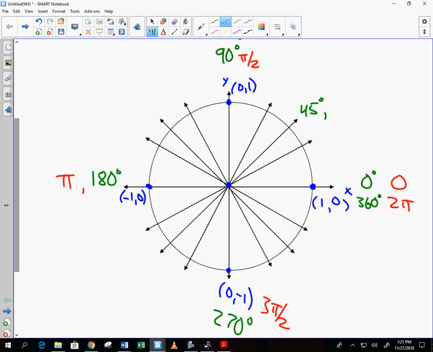Well, that's half of pi over 2. What's half of a half? A fourth. So half of pi over 2 is going to be pi over 4.